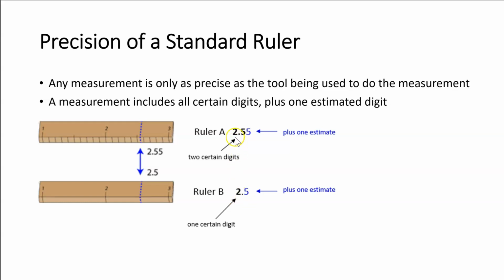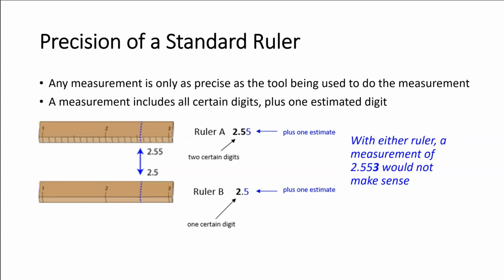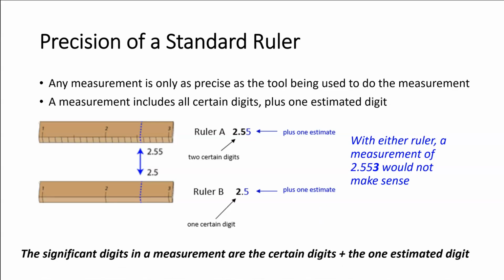With the ruler on the top, you might say it's 2.55 centimeters, one more digit than the bottom. What would not make sense is having a measurement of 2.553. You can't get to this precise level because only the 2.5 portion is certain using ruler A. The significant digits in a measurement are the certain digits plus the one estimated digit.